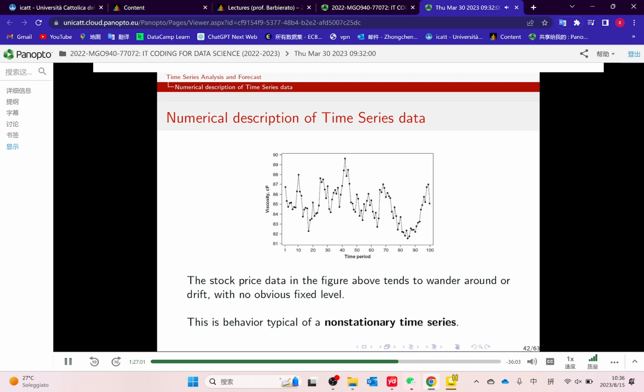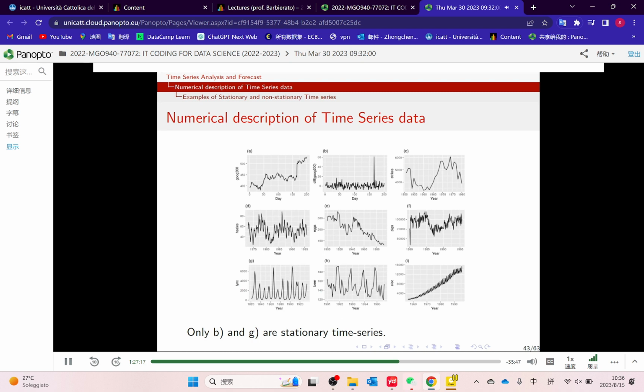Then what do we do? There are analytical methods to turn a non-stationary time series into a stationary time series. So you can correct this problem. You need to do that because otherwise you won't be able to make any forecast. You cannot make a forecast on a non-stationary time series.